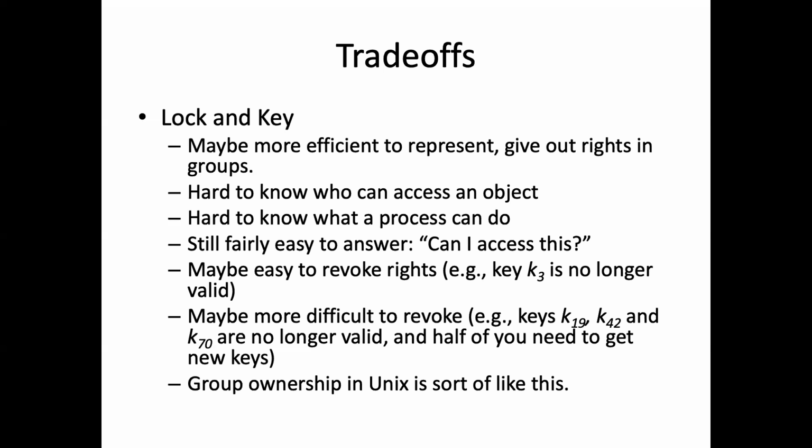And if any of those keys permit a process running in that domain to access that object, then the OS permits that access. If there are no keys that let it do that, then the operating system should deny that particular operation. So if you try to open a file for writing and you didn't have access permissions for that, with a lock and key mechanism, the OS would have to see if you had any key that permitted you to write to that object.